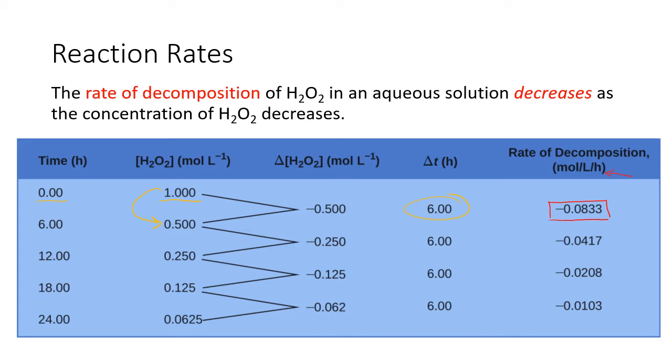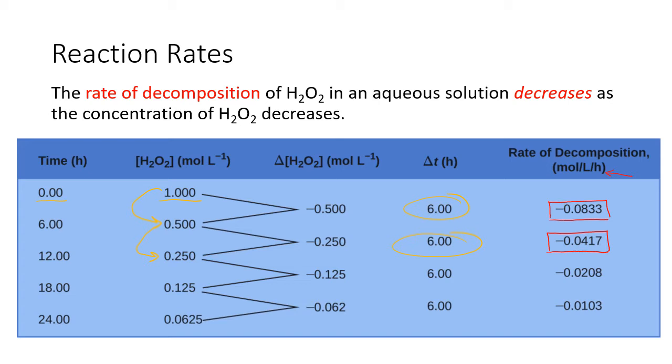As we continue the reaction, over the next 6 hours, the concentration drops from 0.5 down to 0.25 molar. Delta T is still 6 hours because that's how much time has elapsed. But when we calculate the rate this time, the rate of the reaction has dropped down to 0.0417 molarity per hour.